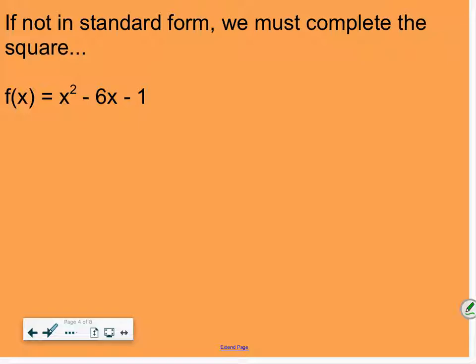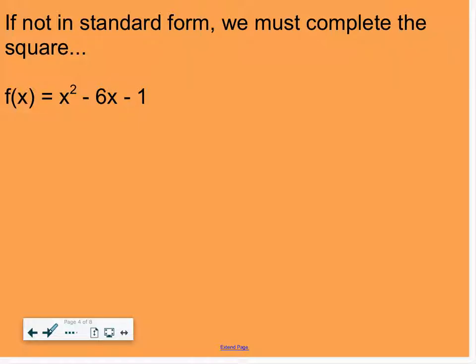Please write down this problem. We need to review a method called completing the square. Don't make that noise. Yay! Completing the square! Okay. You've already done it, at least in one class.